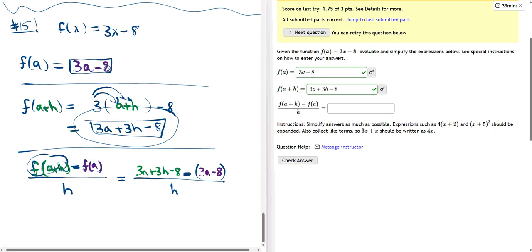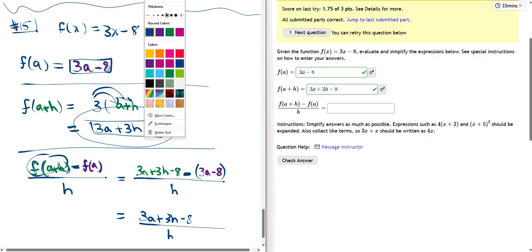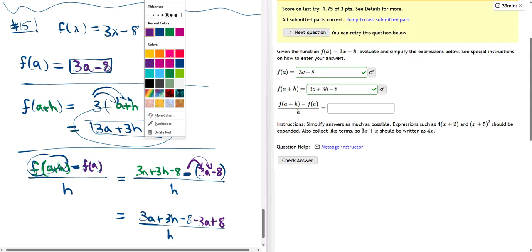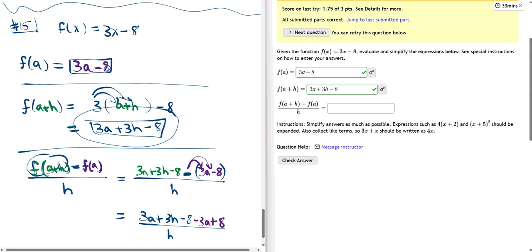Okay, so now at this point, we can start simplifying. So I'm just going to rewrite the things that don't need to be simplified any further so far. And then for this next part, I'm going to distribute the negative. So I have negative 3a and positive 8. And when I do that, I see that I end up having a negative 8 and a positive 8 that are going to zero out. I also have a positive 3a and a negative 3a that are going to zero out.